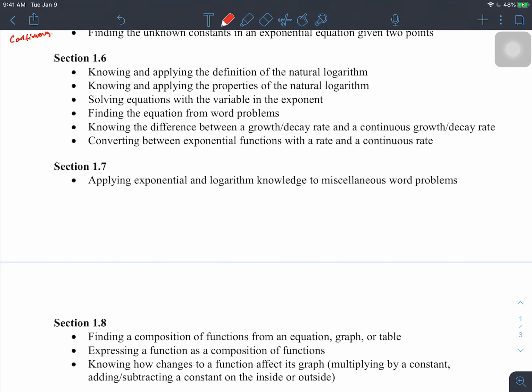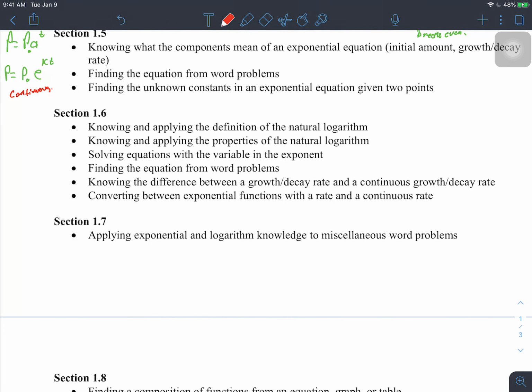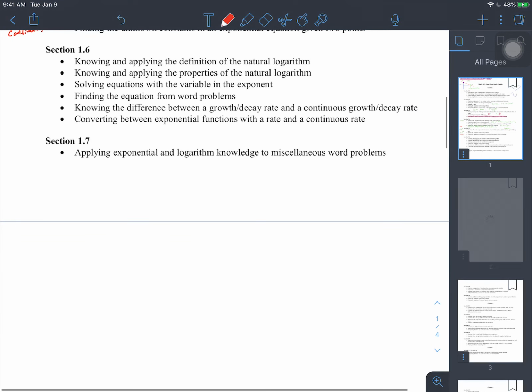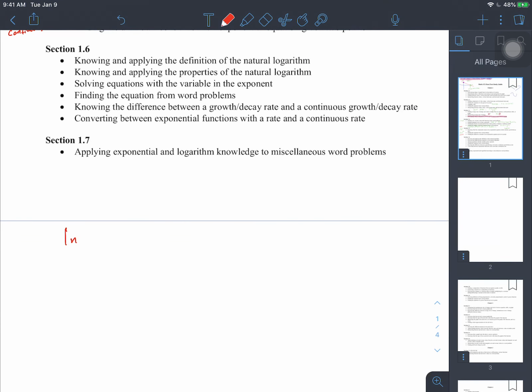In section 1.6, right after we learned about the exponential function, we learned about the natural logarithm. The important thing we learned about ln is that ln of x and e to the x are inverses. What that means is that if we take the natural log of the function e to the x, it undoes what e to the x did.